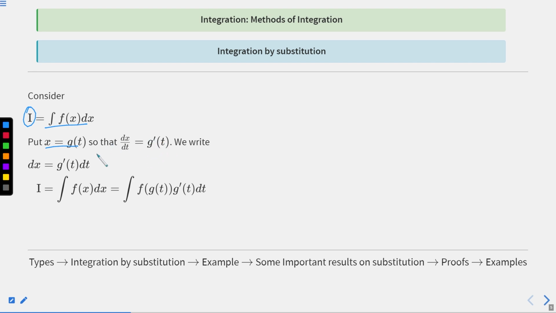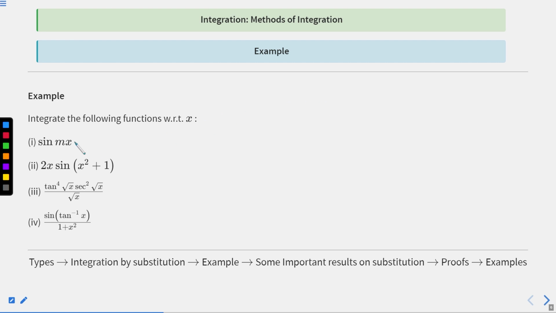This means dx can be replaced by this form. So I is the integration of f(x) dx. Now replacing x by g(t), you will have f(g(t)), the composition of f and g, and dx will be replaced by g'(t) dt. Let's see an example so that you will have a better understanding.